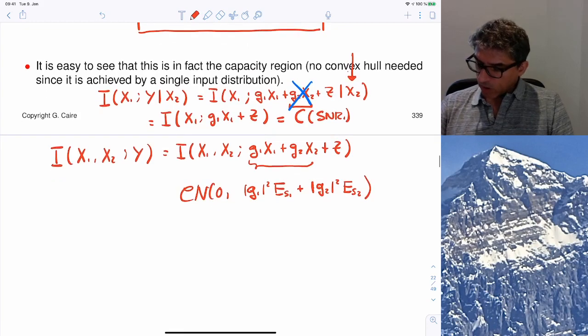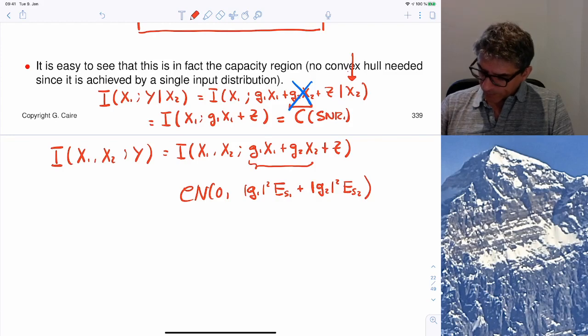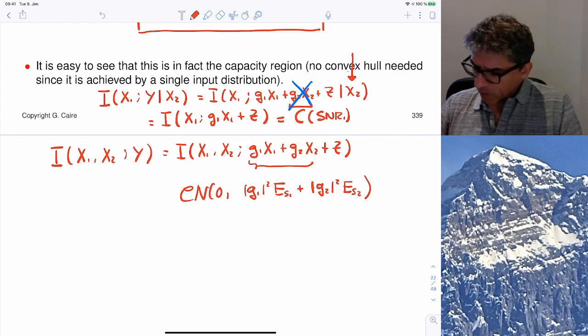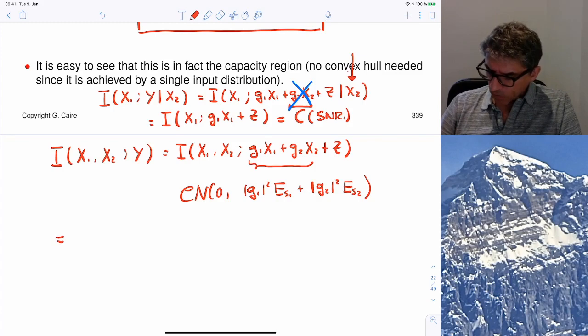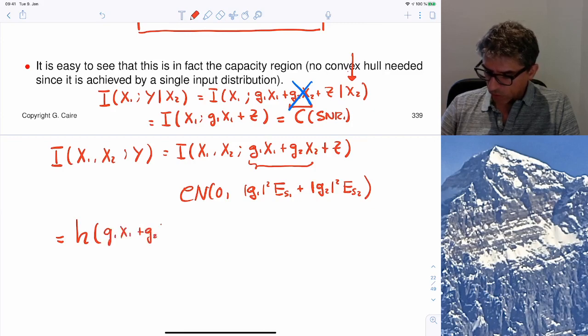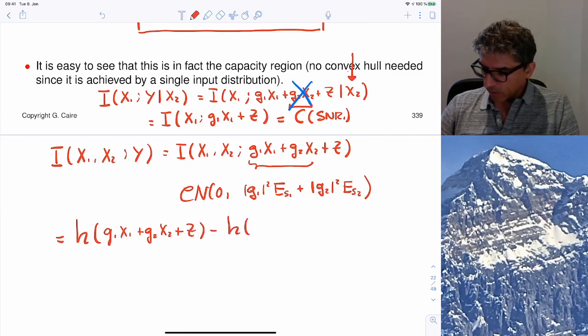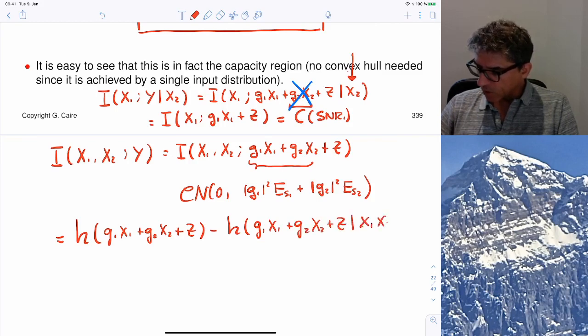So in other words, this mutual information is the same as the mutual information. I can write this as entropy of g1 x1 plus g2 x2 plus z minus entropy of g1 x1 plus g2 x2 plus z given x1, x2.